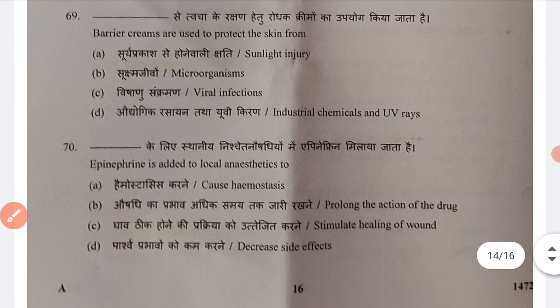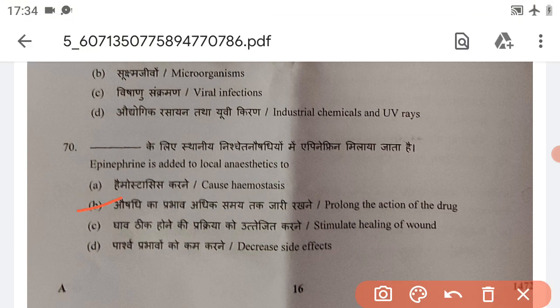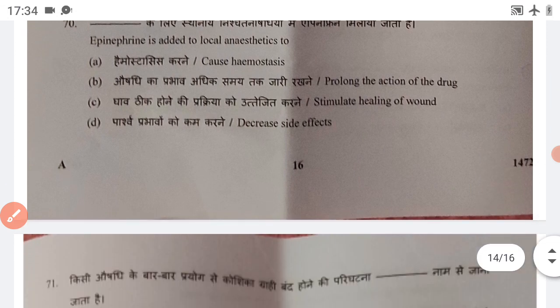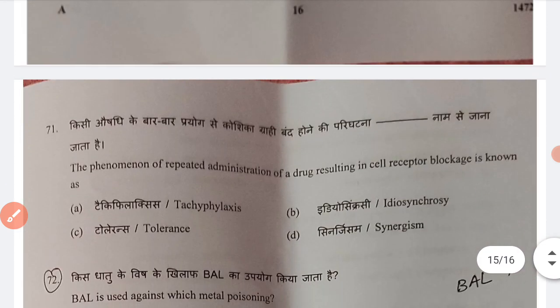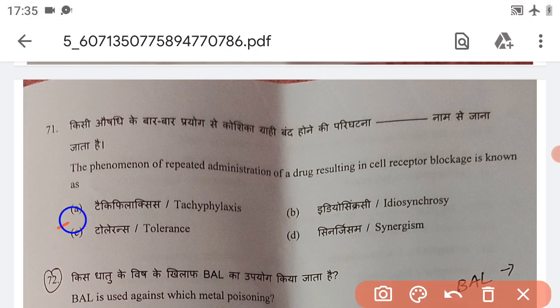Next, epinephrine is added to local anesthetic to prolong the action of the drug. Next, the phenomenon of repeated administration of drug result. We would answer tachyphylaxis and tolerance, but in this question they denote cell receptor block. So the right answer is tachyphylaxis.